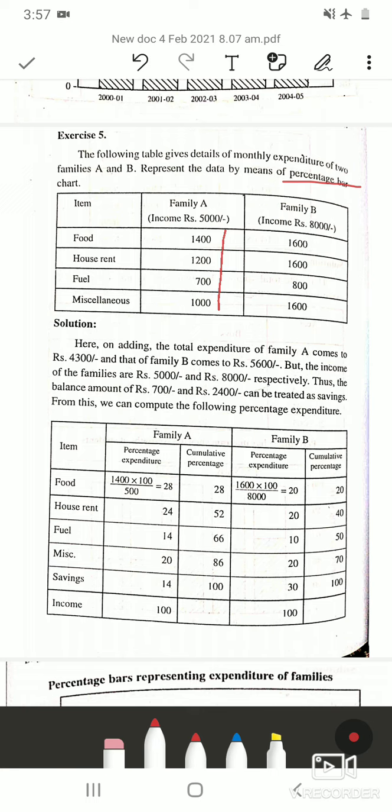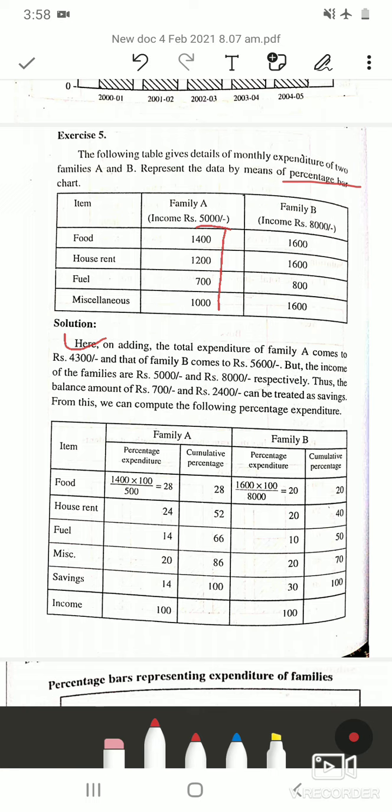Here when you add, the total expenditure of family A comes to 4300 and that of family B comes to 5600, but the incomes given are 5000 and 8000 respectively. Thus the balance amounts are rupees 700 and rupees 2400, which can be treated as savings.